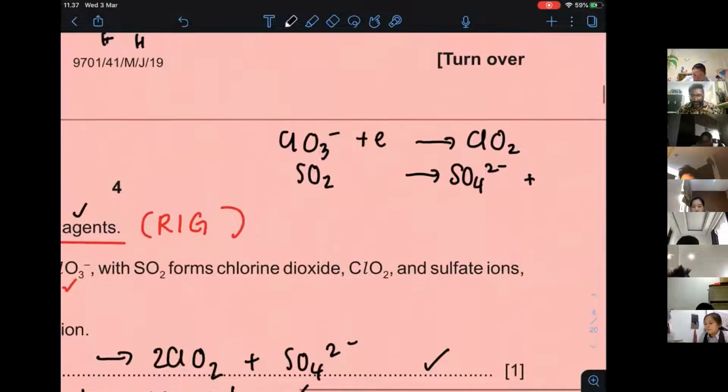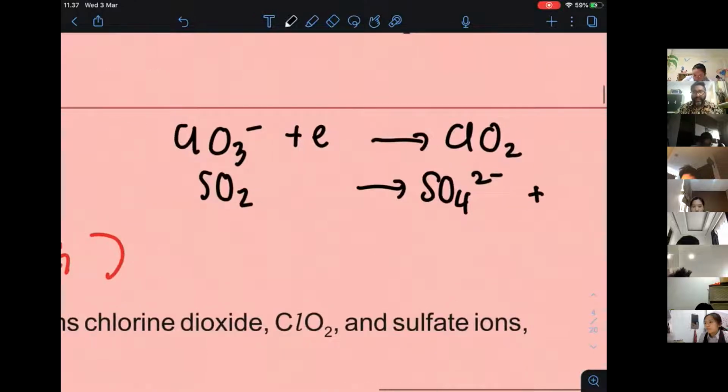You see here, the first thing is they say that the only products are going to be ClO2 and SO4 2 minus. But if you want to balance this, there is no way to just simply balance this with the existing elements or ions. Why? Because you can see the ClO3 minus, and then you have ClO2. So there is one more oxygen that is missing.